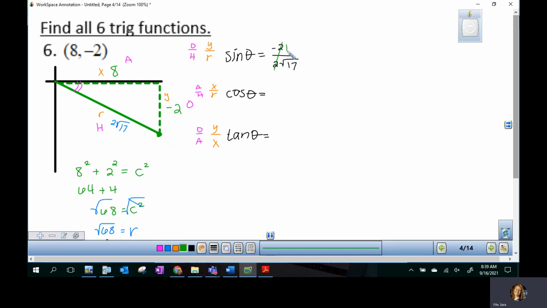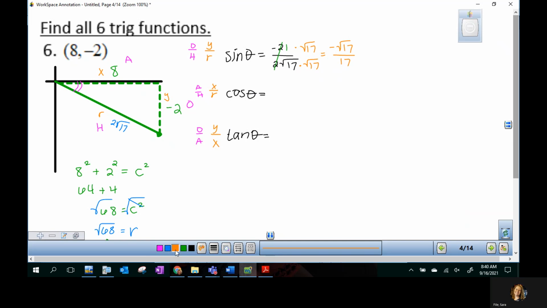That's just a -1 in the numerator, right? 2 divided by 2 is just 1. But now I have to rationalize by multiplying by the radical that I want out of the denominator. So root 17 times root 17. The whole point of that is just to get the 17, get rid of the radical. And in the numerator, that's still negative root 17.